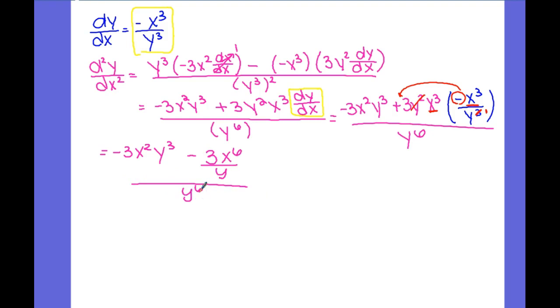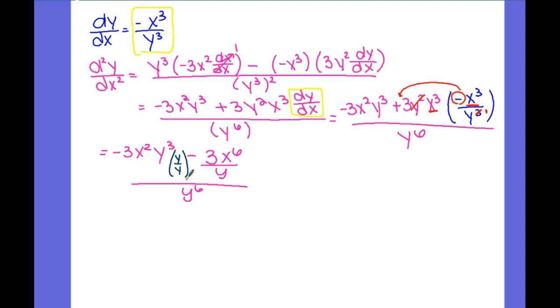What's the big no-no that's happening now? A fraction within a fraction. So what can I do to try to get rid of that problem? What do I need to have happen between these two terms? Yeah, I need a common denominator. So we're going to multiply by y over y.